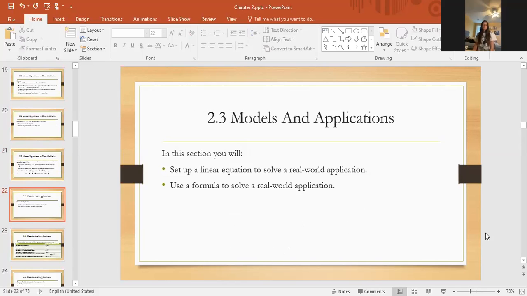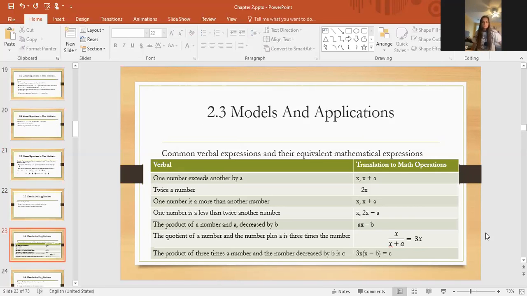Generally, we can have some real life situations that could be modeled into a linear equation. We will look at an example here. These are the expressions that you may have whenever you want to do a model. If you hear an expression like one number exceeds another by a, it means if that number is x, the next one is x plus a.